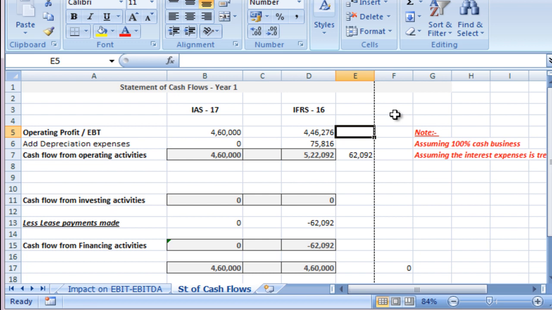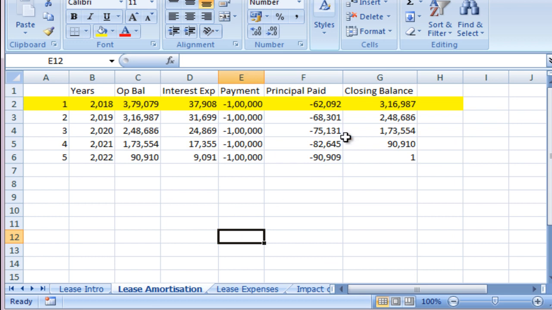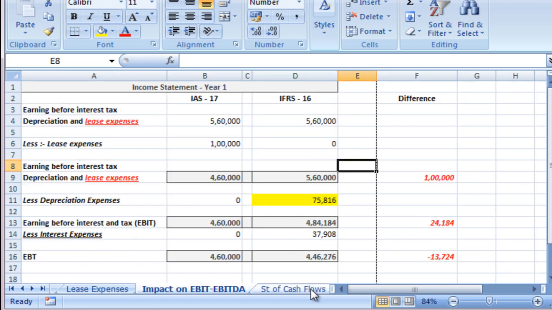There will be a decline in the cash flow from financing activity, because all the principal lease payments are going to come under cash flow from financing. This would be a cash outflow from financing activity, and the interest expenses could be treated as an operating or financing activity.